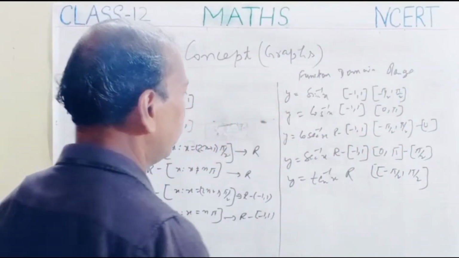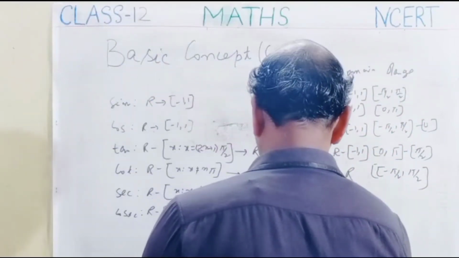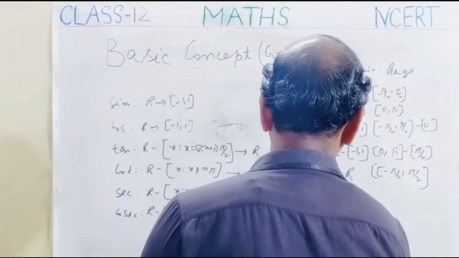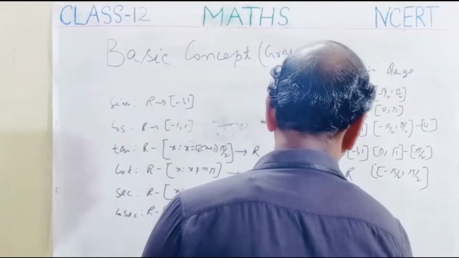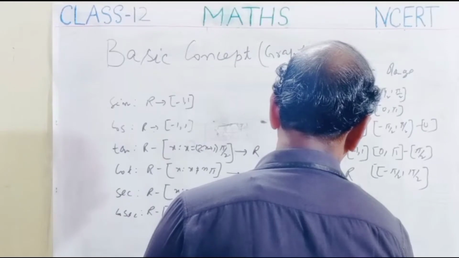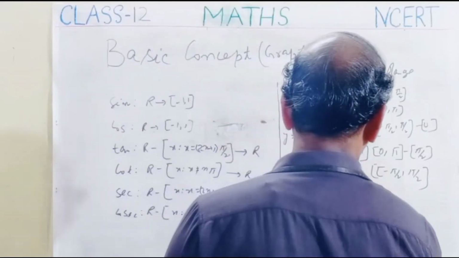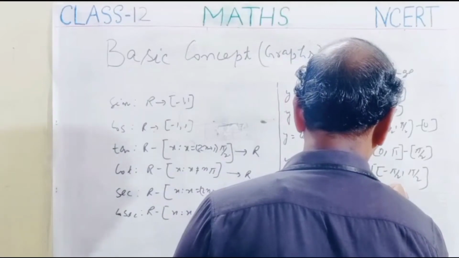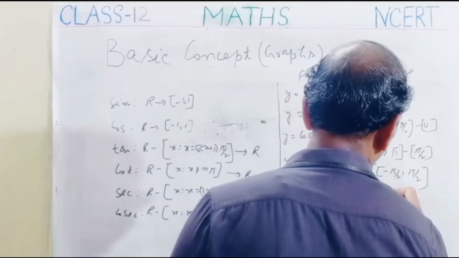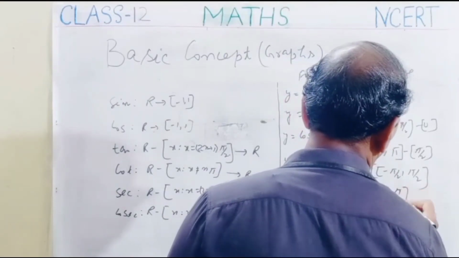Similarly, for y is equal to cot inverse x, its domain is the real numbers, and its range will be 0 and pi.